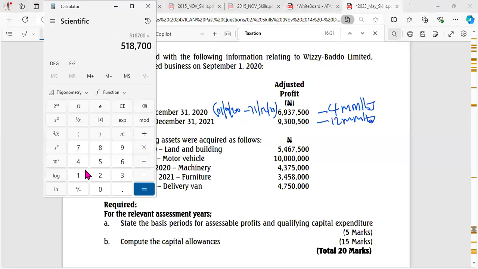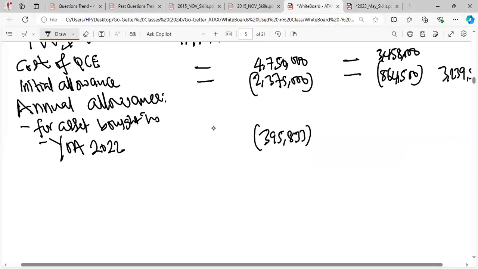You now say times 11 divided by 12. That will give me 475,475.